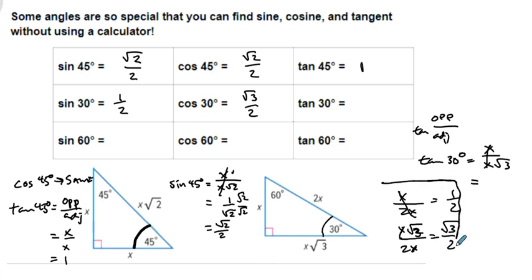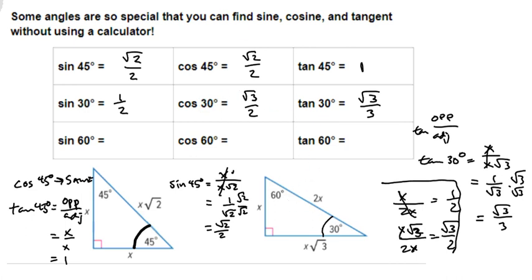We'll have 1 over the square root of 3, and we multiply both by the square root of 3, and you get the square root of 3 over 3 as your tangent. So these are all of the trig ratios using 30 degrees as your reference angle.